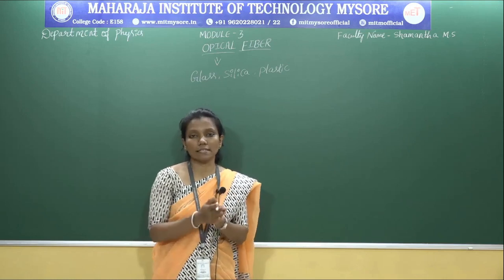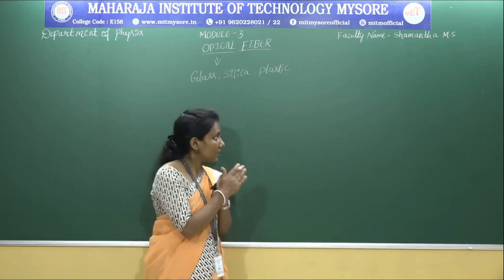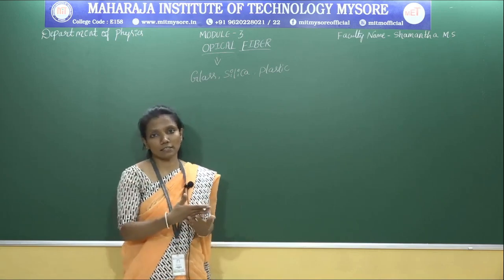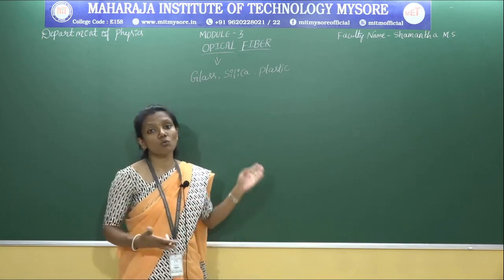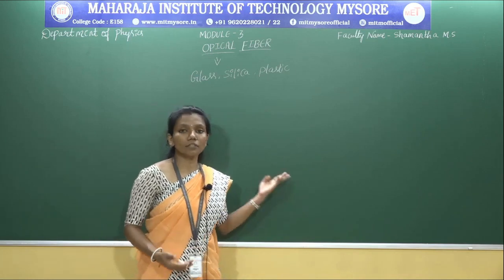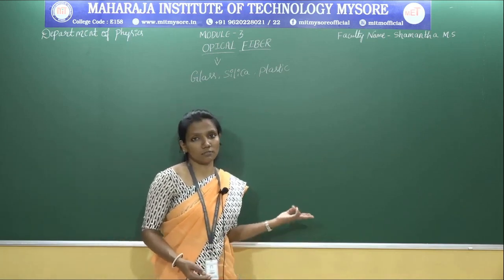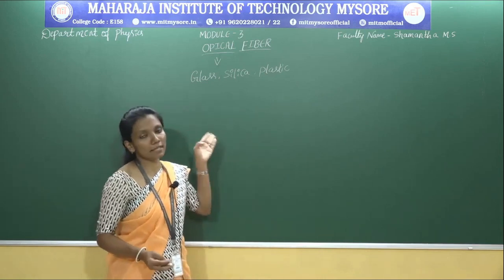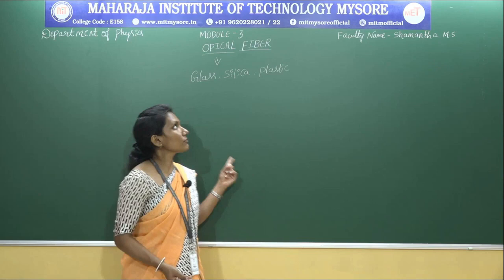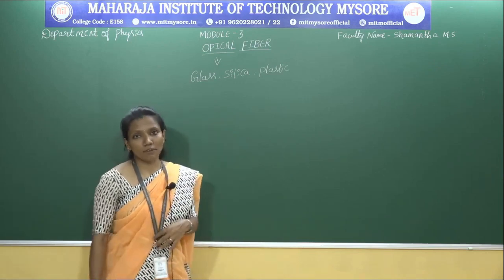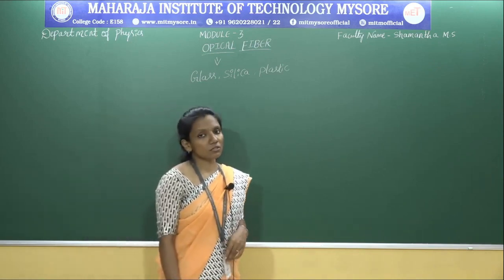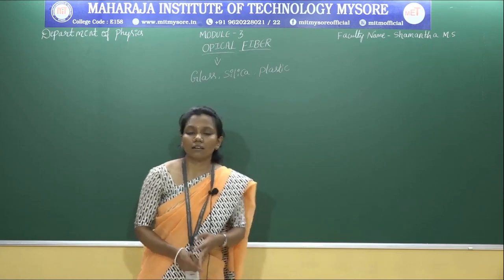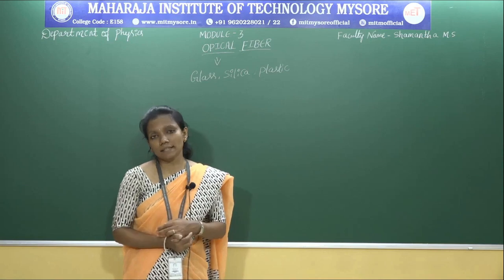Without any loss, it helps transfer information from one end to the other. That is why nowadays, instead of metal wires, we are using optical fiber. It has wide application in engineering and applied science.